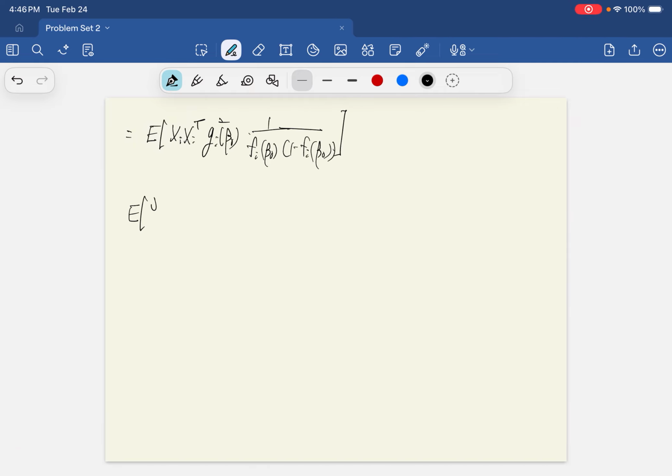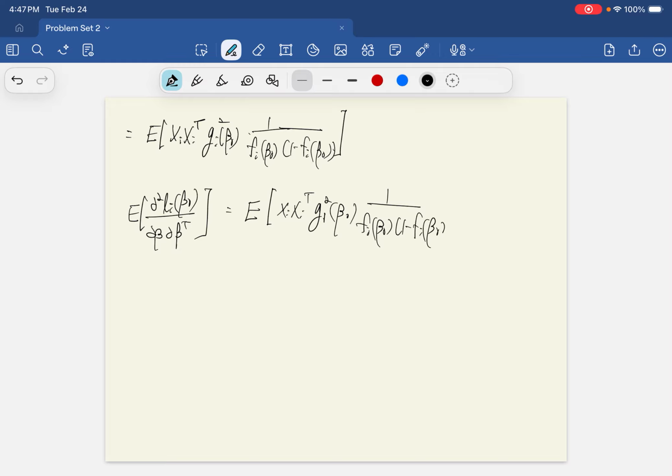In the previous video, we calculated the second derivative expectation as expectation of (xi transpose gi(beta 0)) squared, 1 over fi(beta 0) and 1 minus fi(beta 0). So it was the same thing, and we are happy to cancel out later.